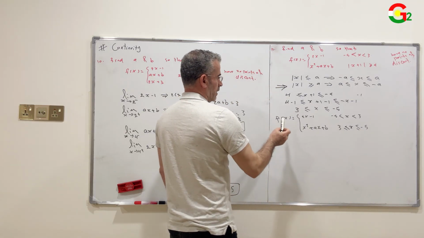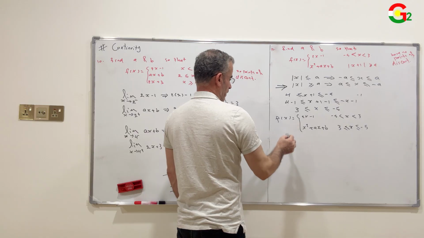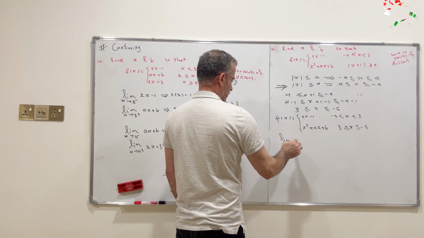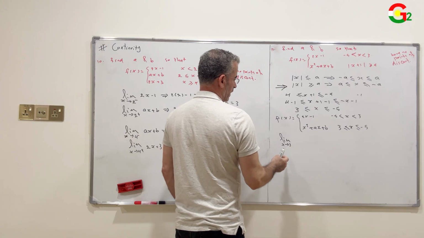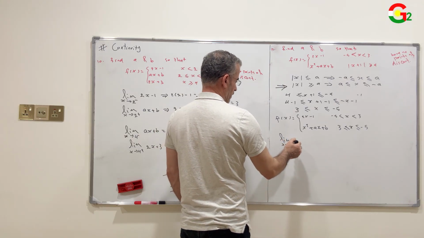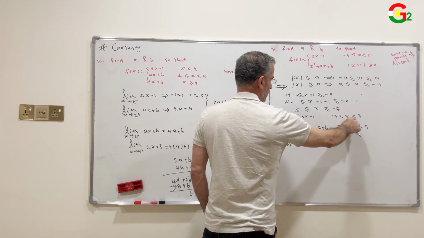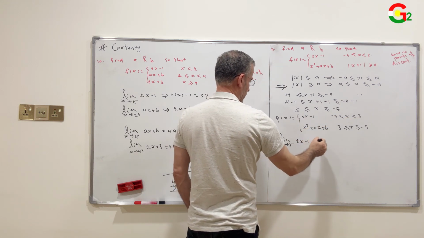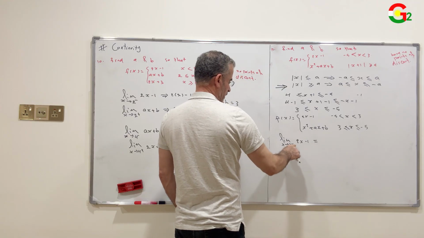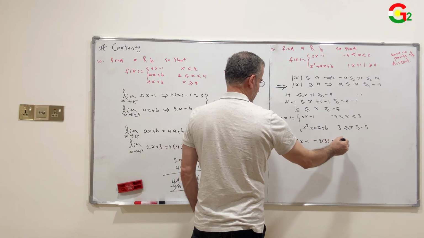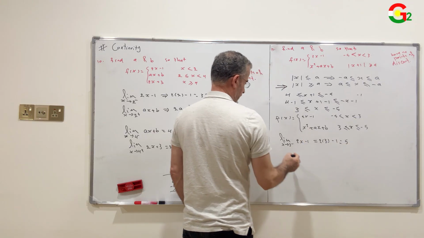Now, the limit of this function exists when x approaches 3 and when x approaches negative 5. When x approaches 3 from the left, when x is less than 3, the function is 2x minus 1. The value of this limit is 2 times 3 minus 1, 6 minus 1, 5.